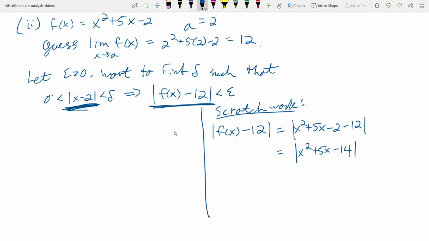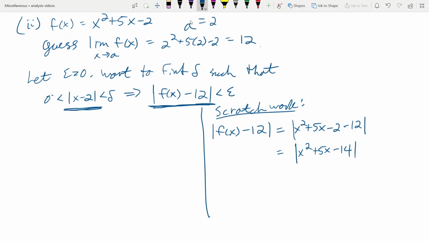All right, so now this kind of looks complicated. It's not entirely obvious where to go from here, but the guiding clue is we don't really have control over just x itself, but we do understand x minus 2.